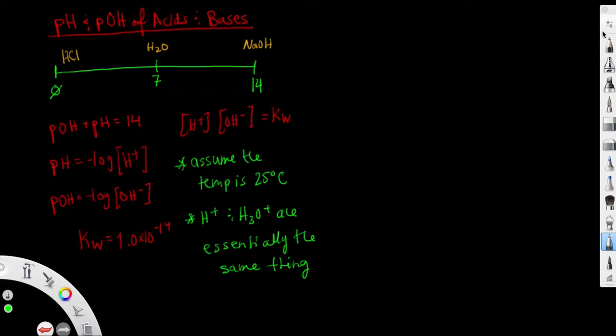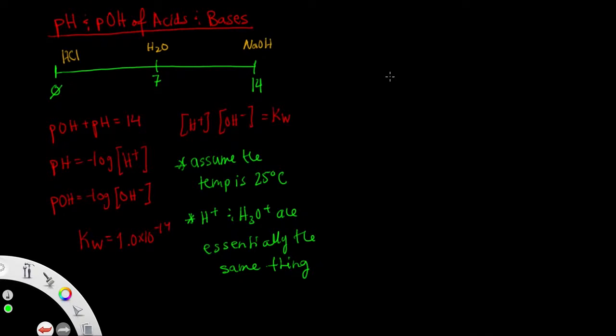So let's say we had some solution and its hydroxide concentration is 6.8 times 10 to the negative fifth moles per liter.